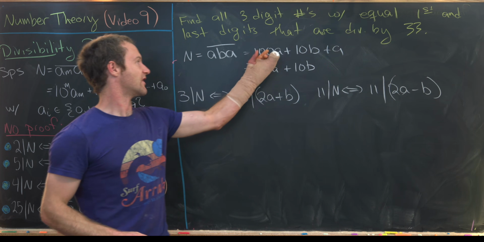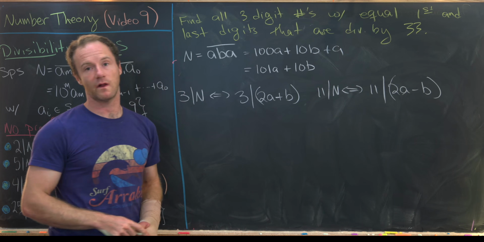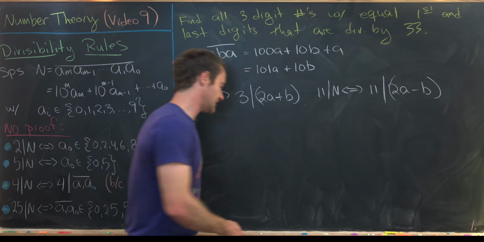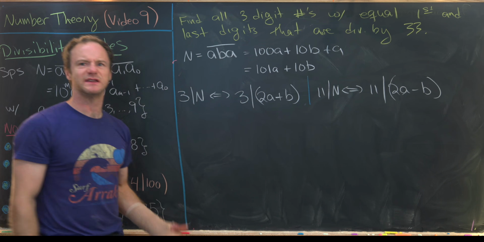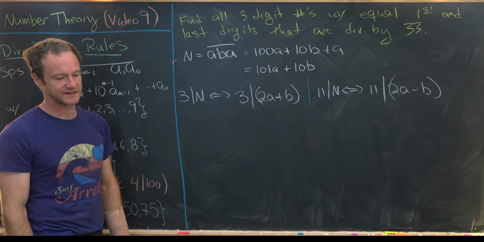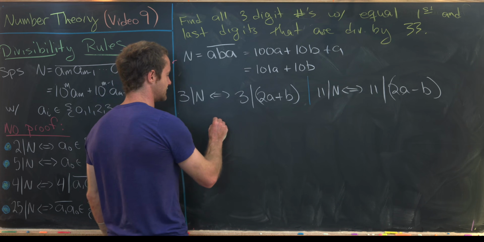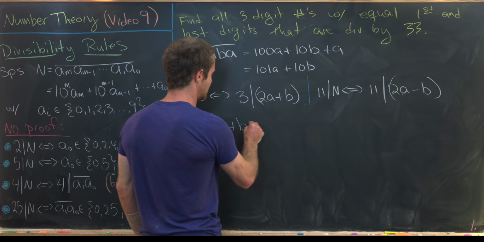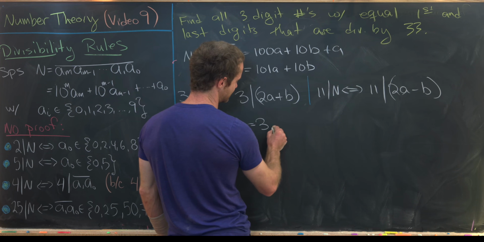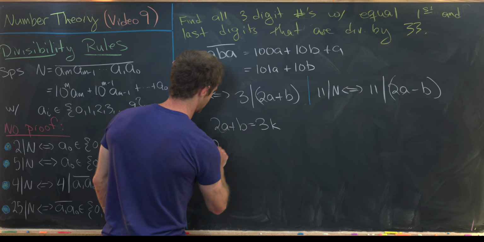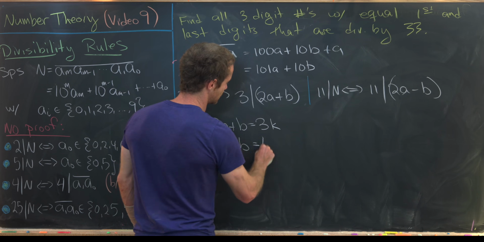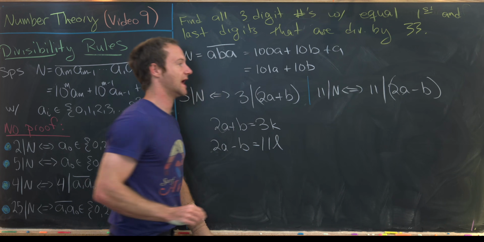Again, that's because we have a minus b plus a. But now let's take these divisibility conditions and turn them into equations so they're a little bit easier to work with. So that means that 2a plus b is equal to 3 times, I'll call it k, and 2a minus b is equal to 11 times L.